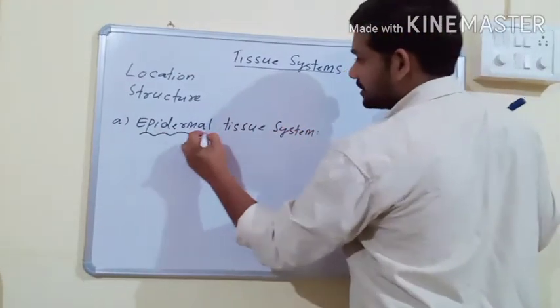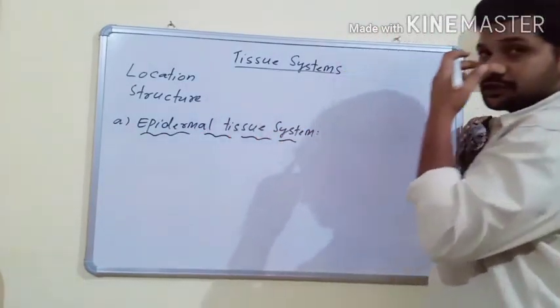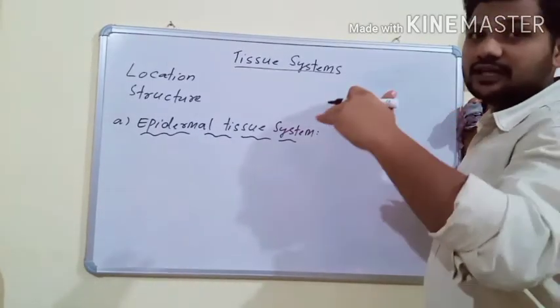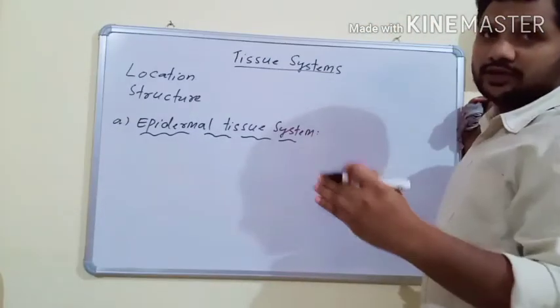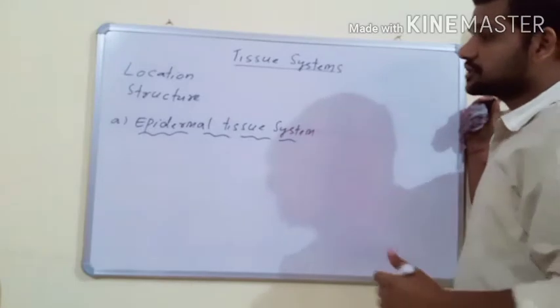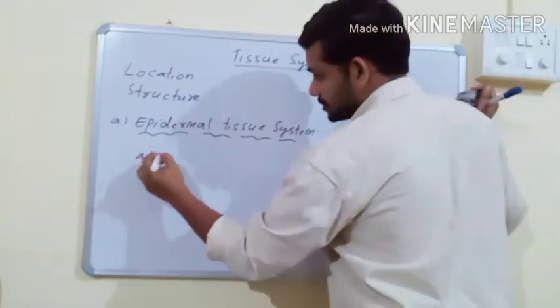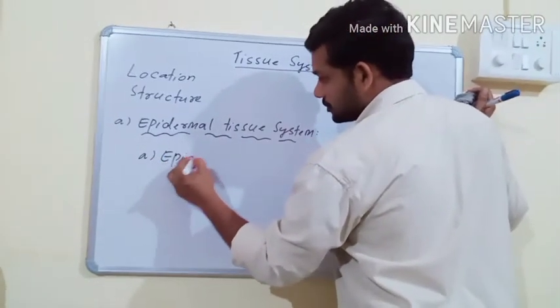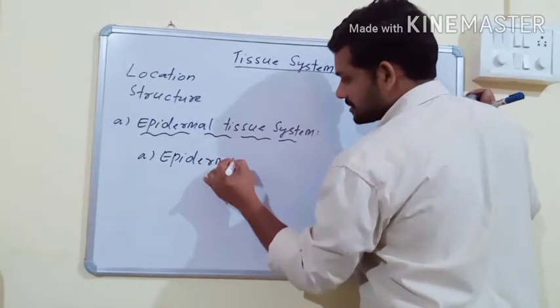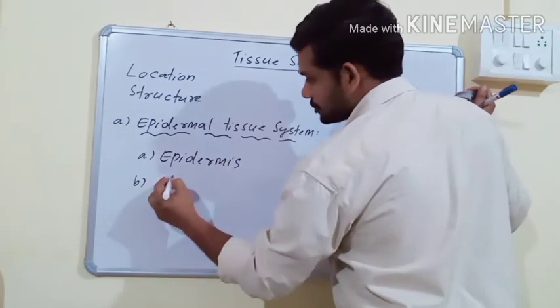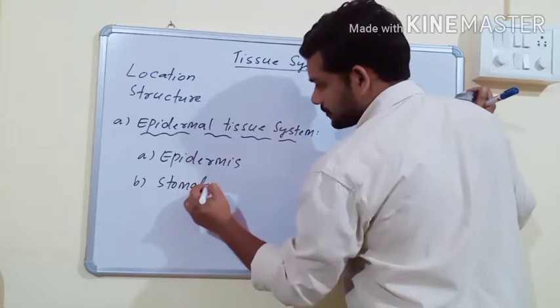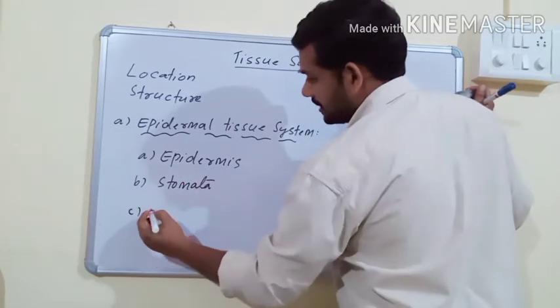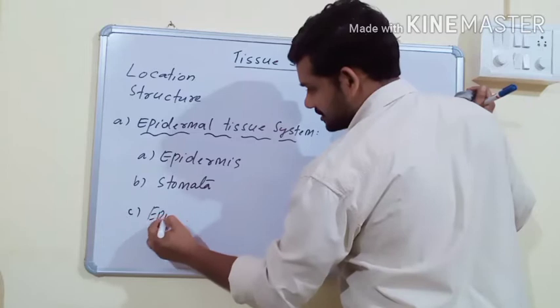The epidermal tissue system acts as the covering layer of the whole plant body, and this tissue system includes various tissues. What are the various tissues? Epidermis, stomata, and many epidermal appendages.